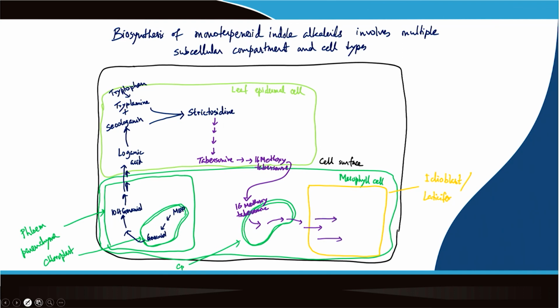So, here there is involvement of multiple enzymes, okay. For example, D4H is first and then DAT, and that leads to the formation of vindoline.